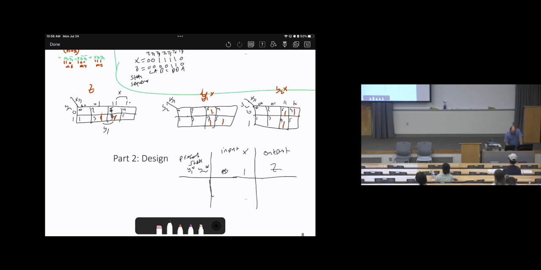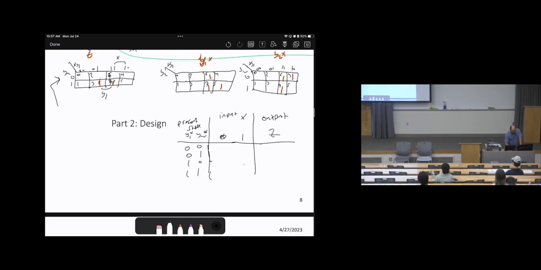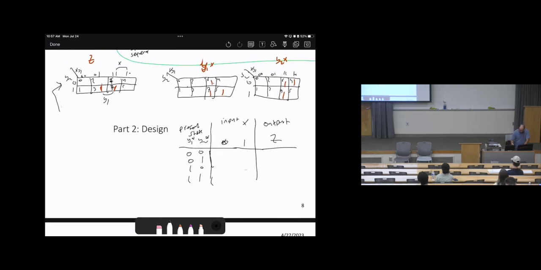Okay, how can we drop this here? Actually, I think we need to look at this diagram, at the K-maps, and make the observation like this. I mean flip it. So for the present state, we have 00, 01, 10, 11. What do I mean by flip it? You can look at this side this way.